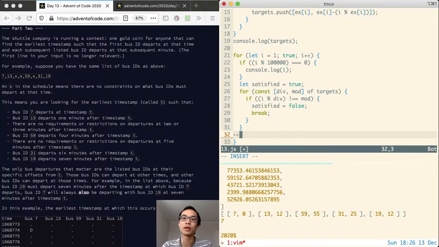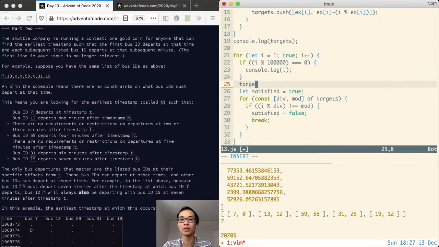So this is just to make sure it's true for all. We could probably do like a for all thing here, right? But yeah, you could do like a targets.every div mod, i mod div equals mod.